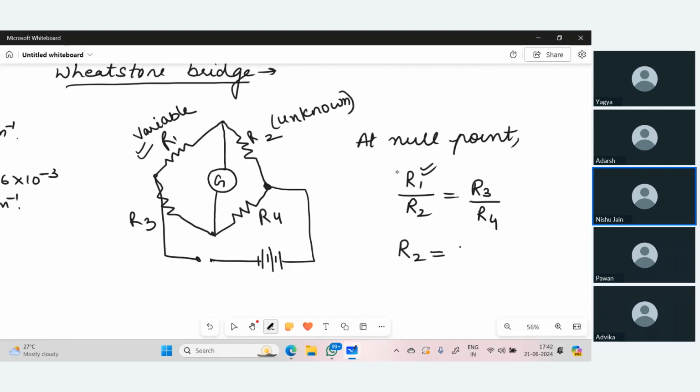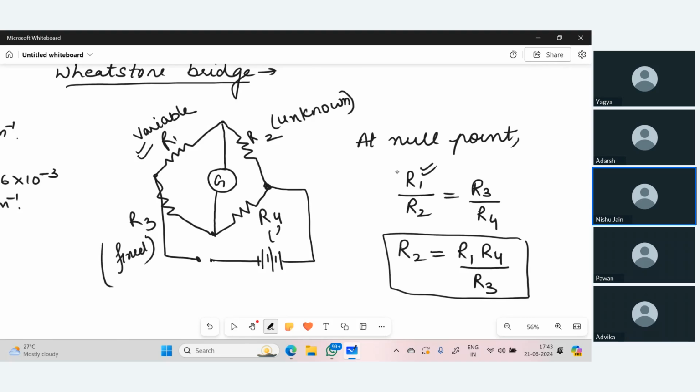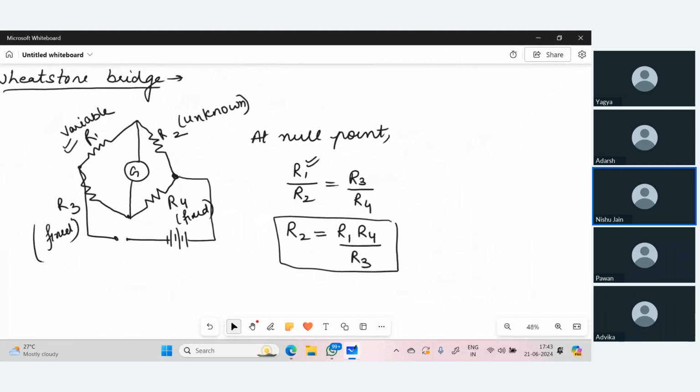It becomes R1 into R4 by R3. So that is the way to calculate the resistance of the compound. R3 and R4 are the fixed resistances which we cannot change. R1 is the variable, and we have to adjust it in such a way that the galvanometer shows no deflection. No deflection means null point. So at null point, R1 by R2 equals R3 by R4, and R2 we can calculate as R1 into R4 by R3.